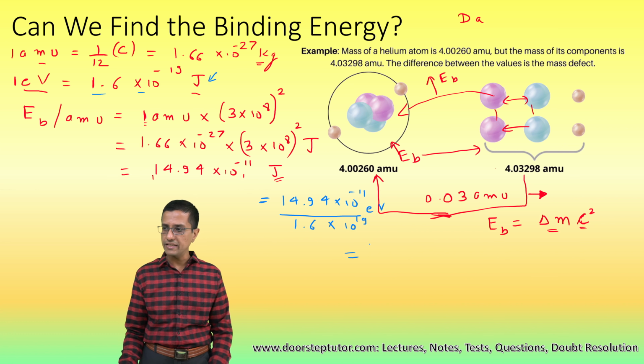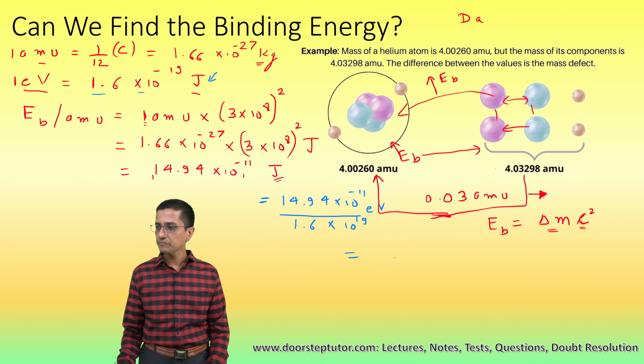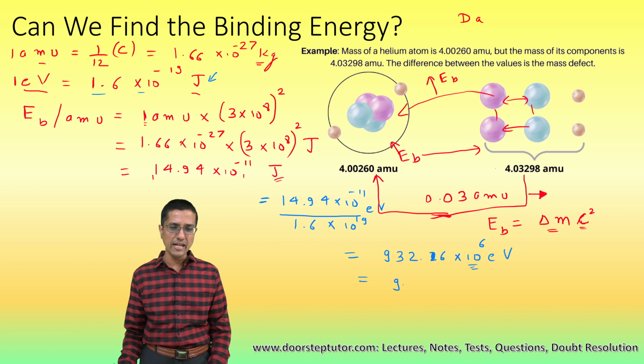If you simplify this further, what will you get? You will get 932.58. So that will be 932.6 into 10 raised to power 6 electron volt. Now this 10 raised to power 6 factor I can convert to mega, and I will get 932 mega electron volt.